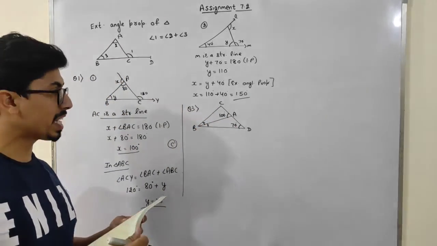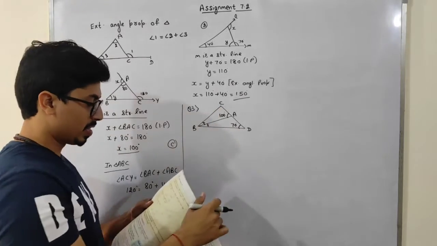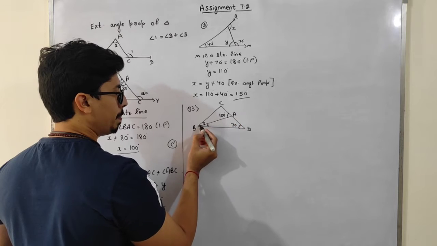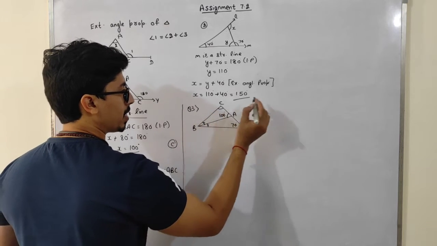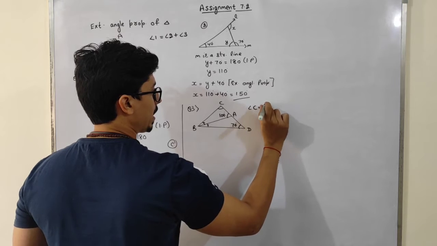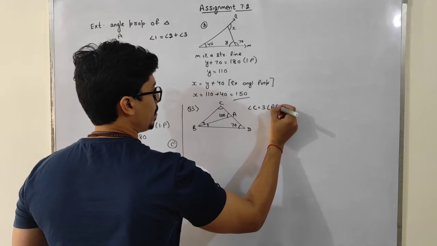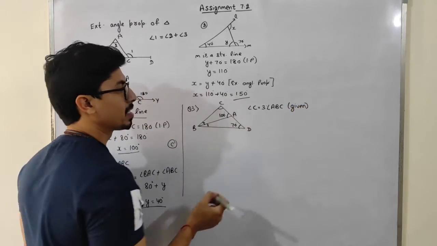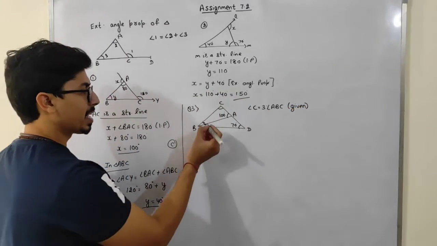What is given to us? Angle C, that means this angle, is thrice of angle ABC. It is given. Now we do one thing, students. I assume that this angle is x.